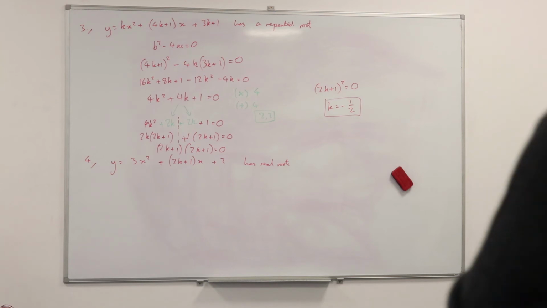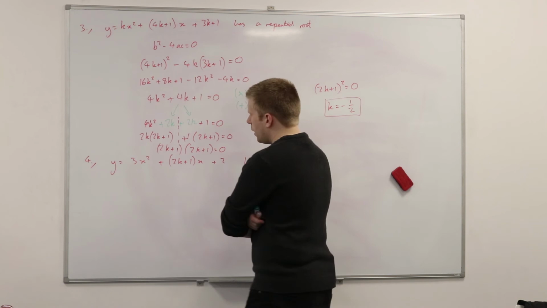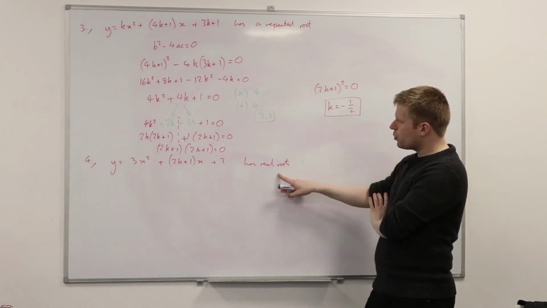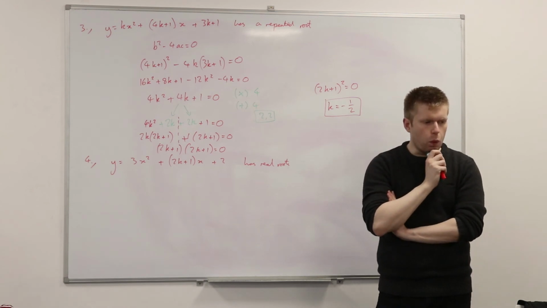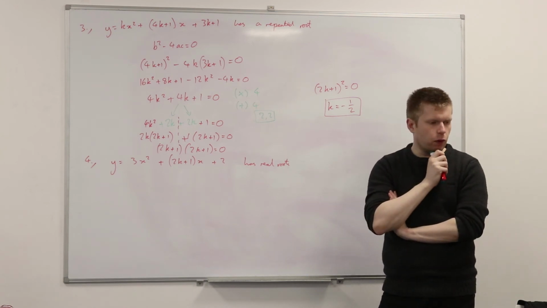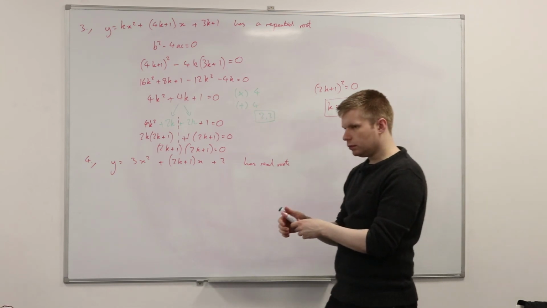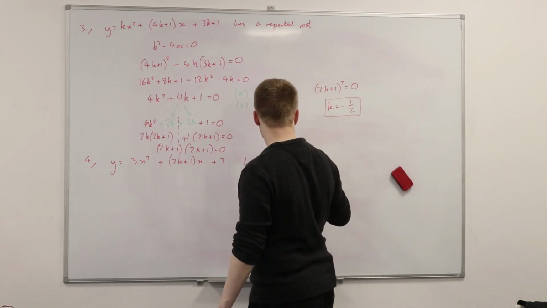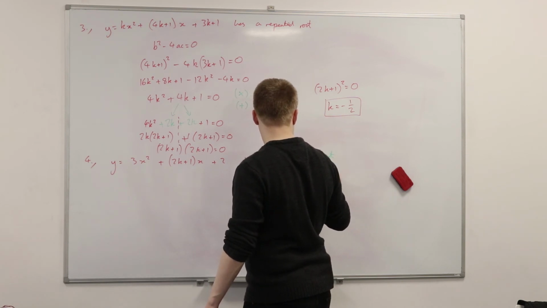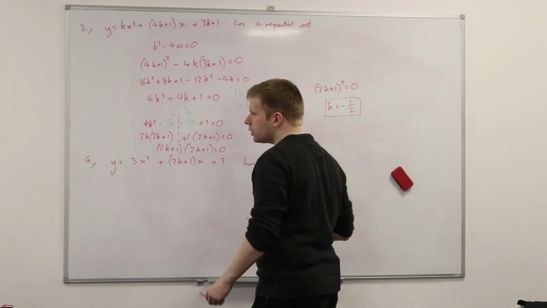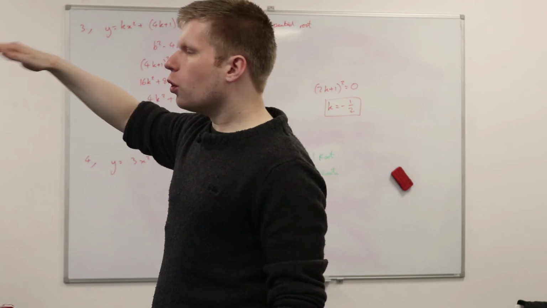Okay, I'll set you off on the last one, so I'll give you a chance to have a look at this yourself. Notice the question: it has real roots. So what condition am I looking for here? It can have just one single solution, or two separate solutions. Basically, real roots means either one root or two roots.